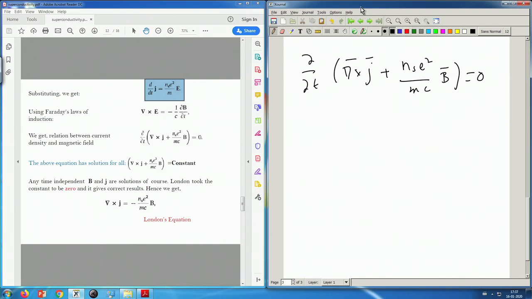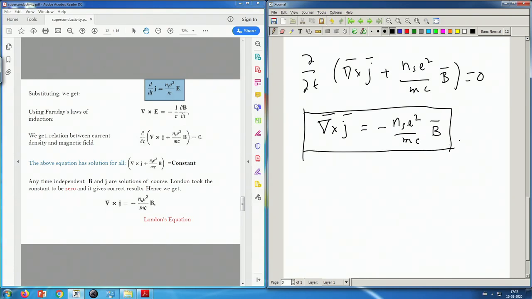What London did was that he took this constant to be equal to 0, so that curl j equals minus n_s e squared by m c into B. This is what London's equation is. So, in effect, out of all those solutions you choose the one which is just this.